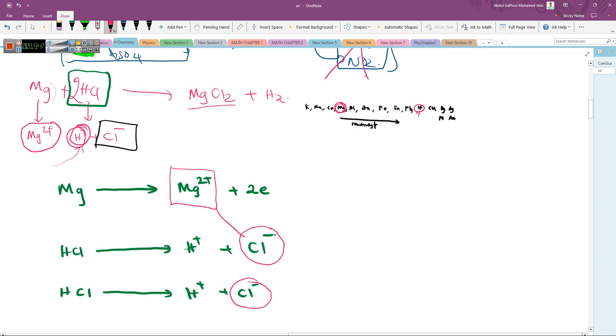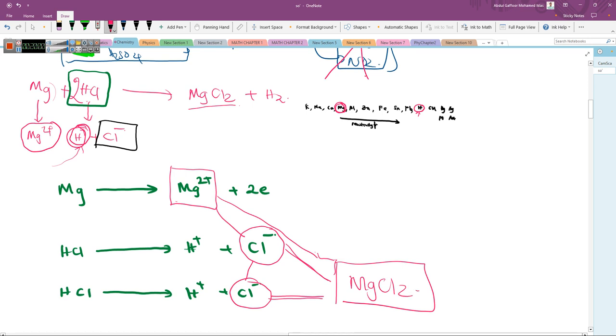So these three ions will now make MgCl2, right? So MgCl2. Now it is a neutral substance.